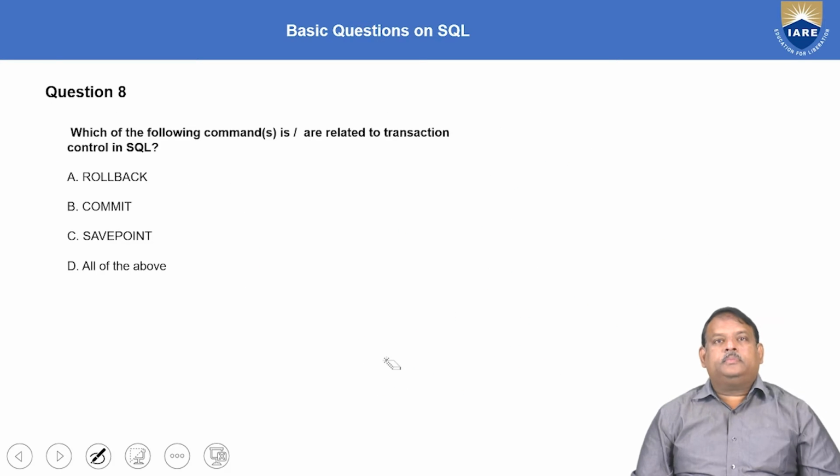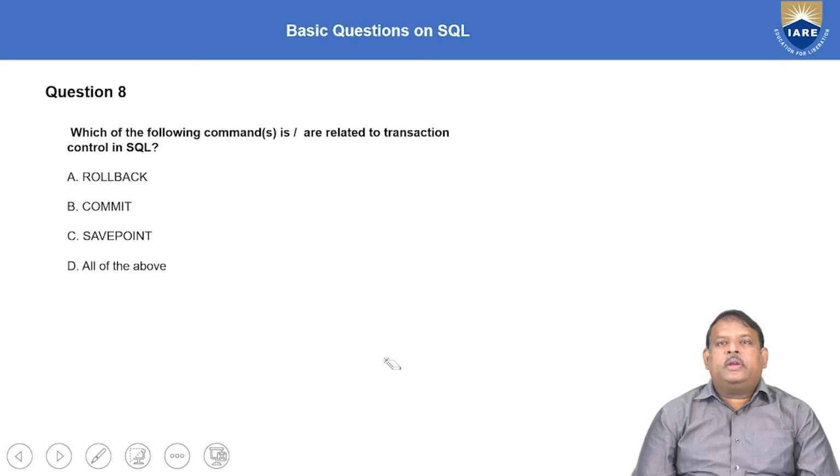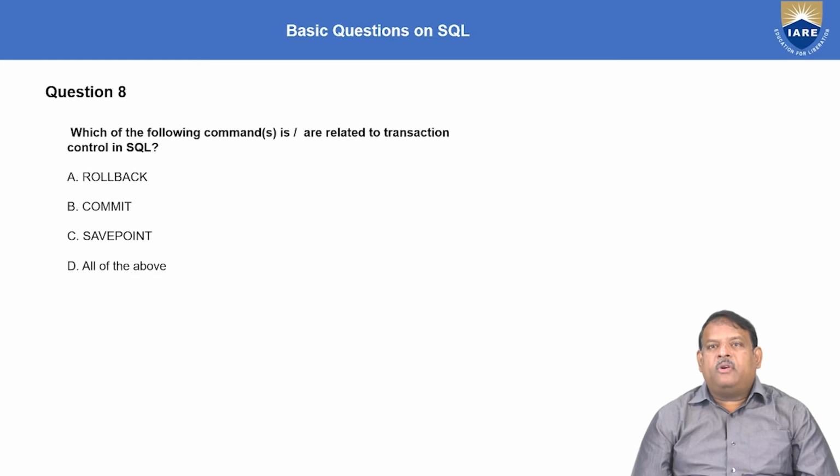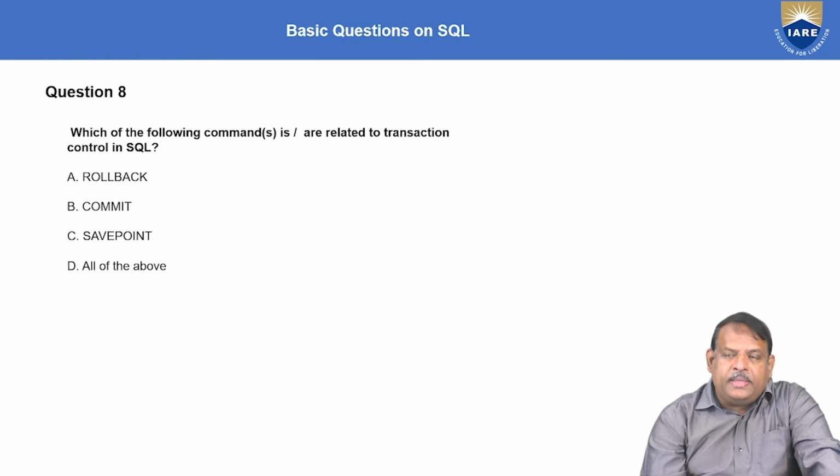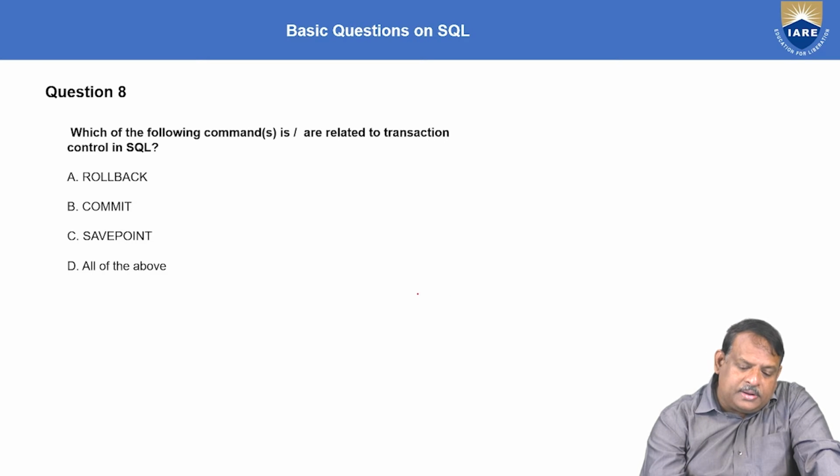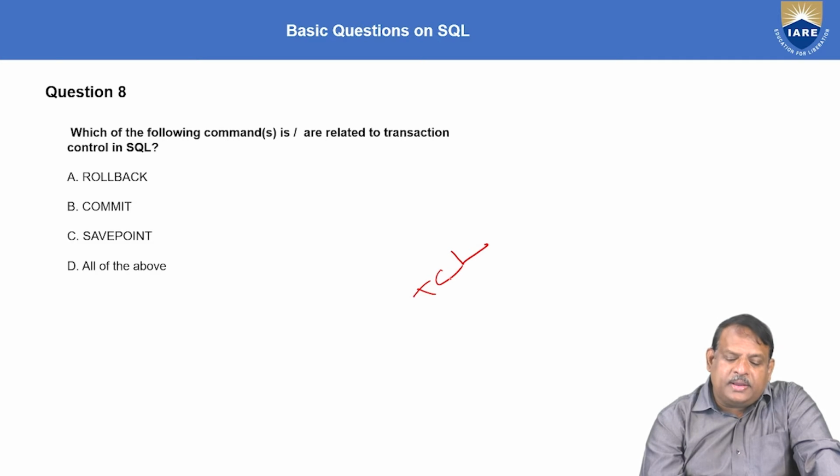Next question. Which of the following commands are related to a transaction? So as part of SQL commands, we have something called TCL, Transaction Control Language. T for transaction, C for control, L for language.